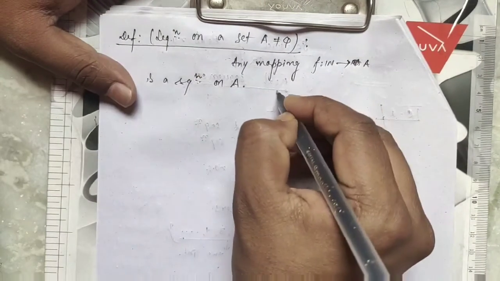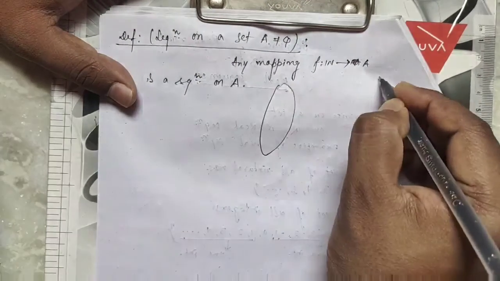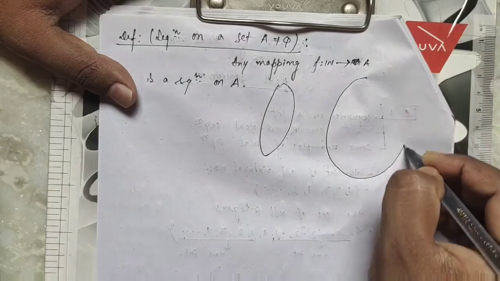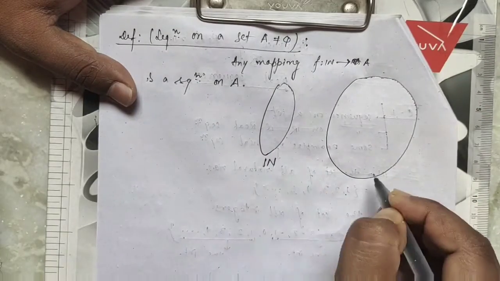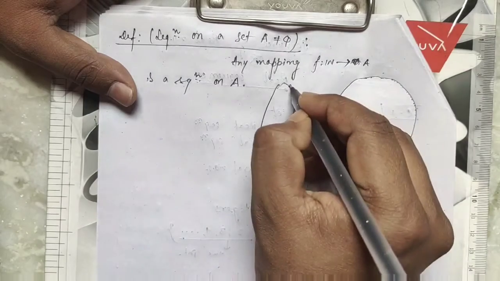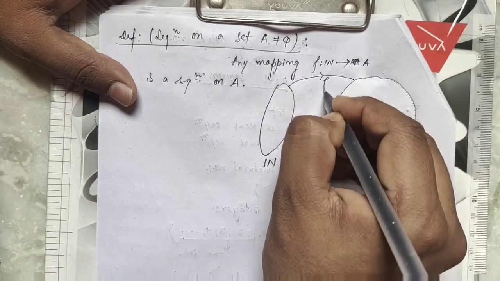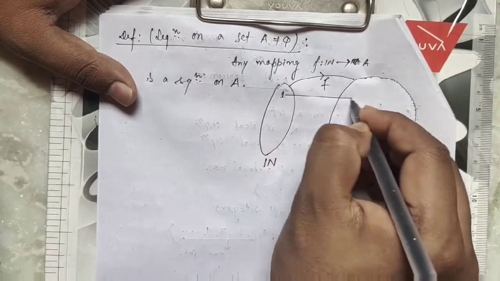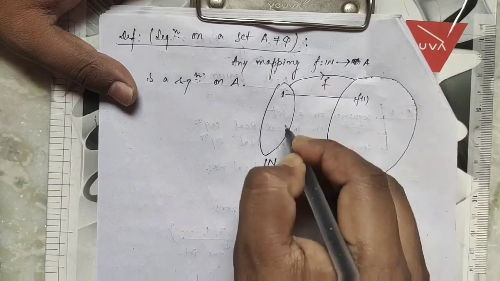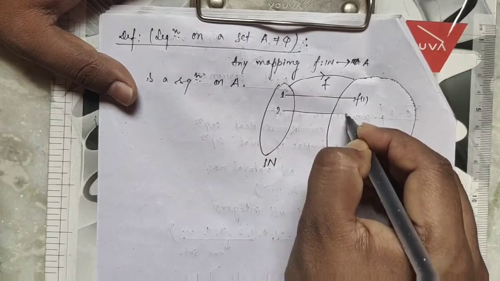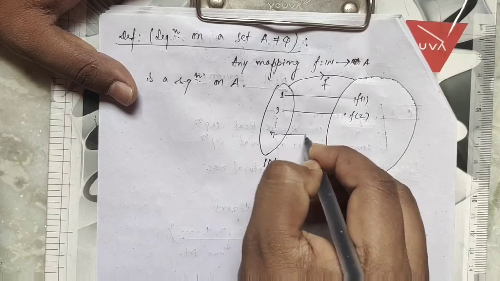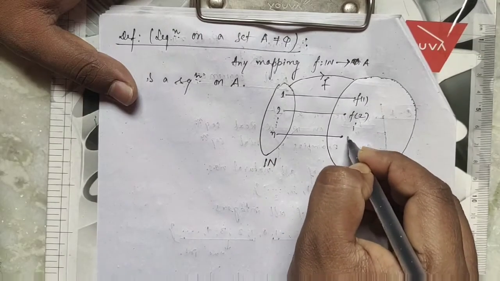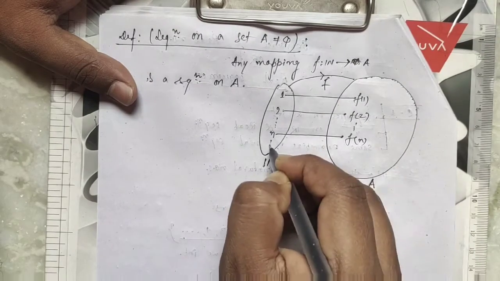So if f is a mapping from N to A, this is N, this is A, this is mapping f, so corresponding to 1, f1, corresponding to 2, f2, in general corresponding to n, fn, and so on.